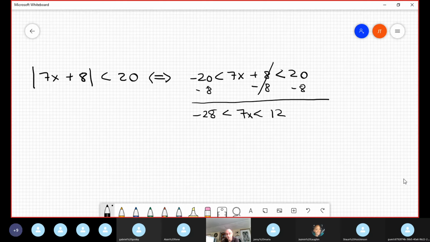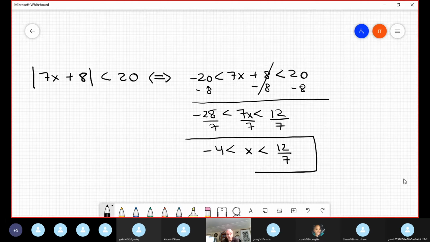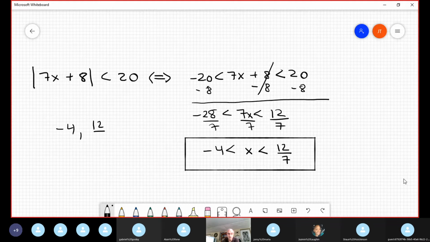Finally, if you want to solve for x, divide by 7. This is negative 4. Okay, super. Now, never leave this answer like that, because in the test specification I want the answer in interval notation. So you write it like that: negative 4, comma, 12 over 7, parenthesis. This is the answer I want.